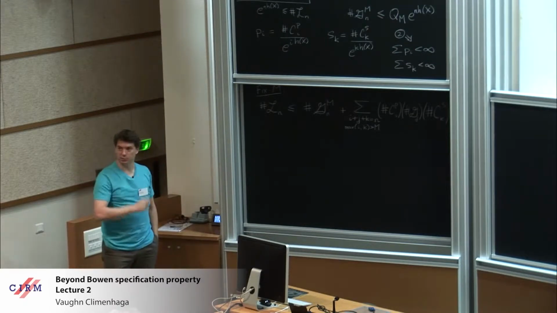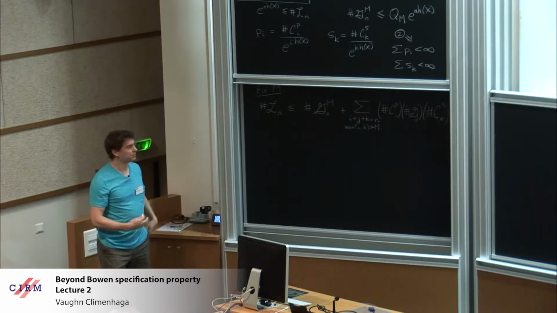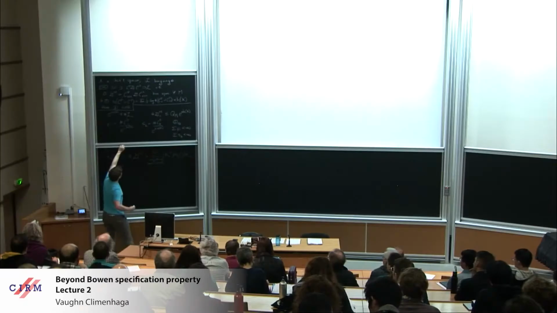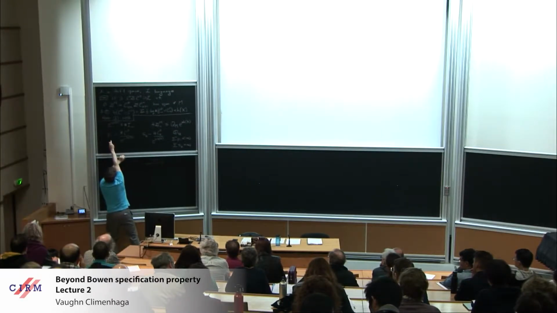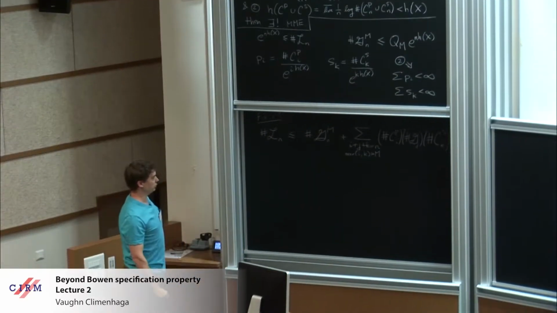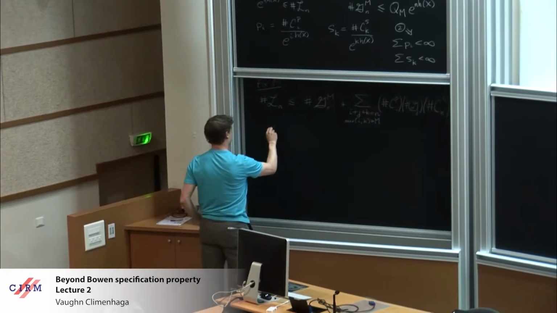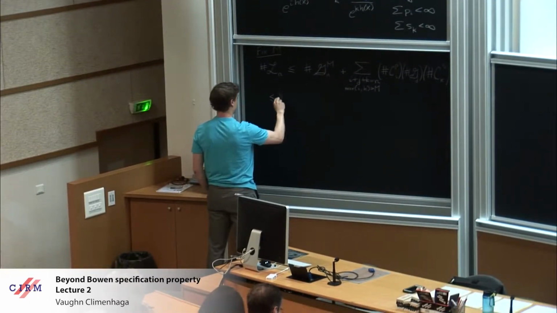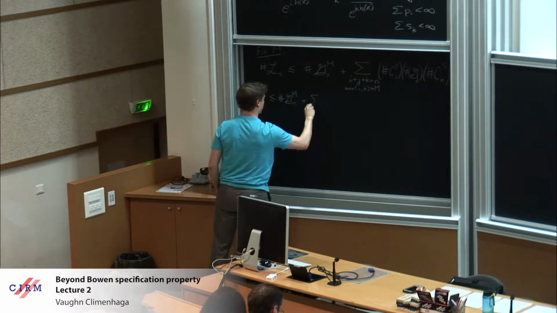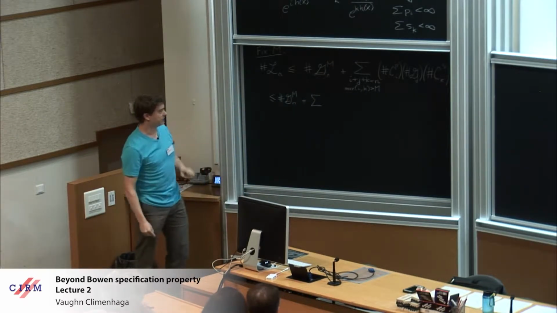So this gives me an upper bound, which I can now say something about using the definition of p_i, the definition of s_k, and the upper bound on the number of good words. So this is less than or equal to, first term is unchanged. I take a sum over the same indices.